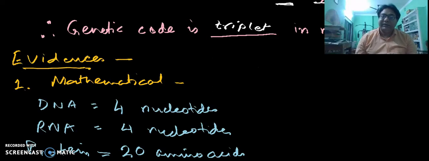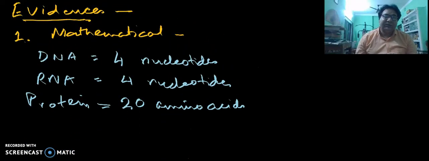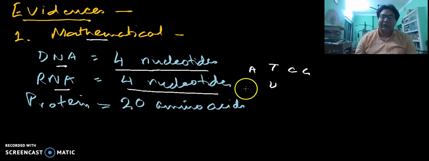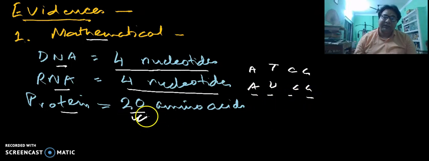What are the evidences that genetic code is triplet in nature? The first evidence is mathematical. DNA comprises 4 nucleotides. RNA also comprises 4 nucleotides, only T being replaced by U in RNA. Rest of the nucleotides are similar. But proteins comprise 20 amino acids. So it is not possible for each of these nucleotides to code for 20 amino acids.